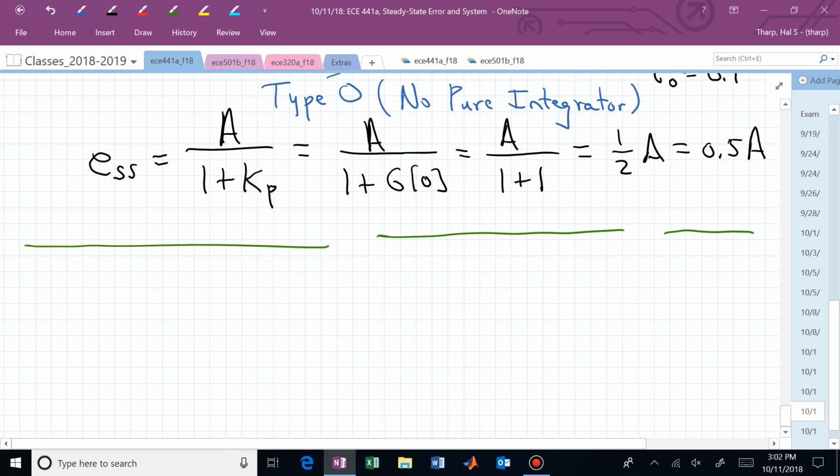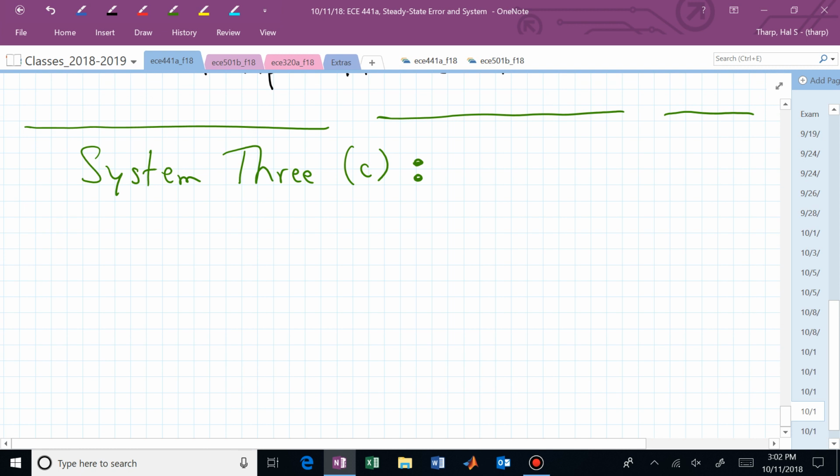Let's now look at system 3, which was part C that we've been looking at. So now G of s in this case is going to be 1 over s plus 1.